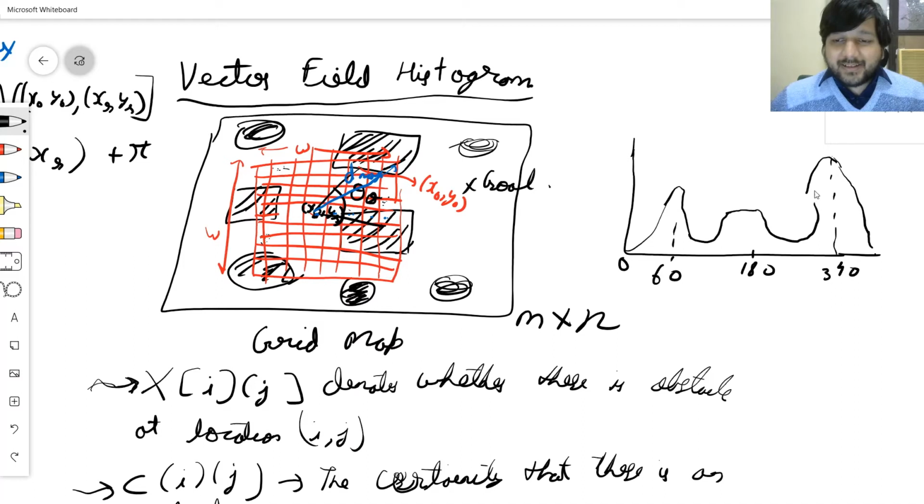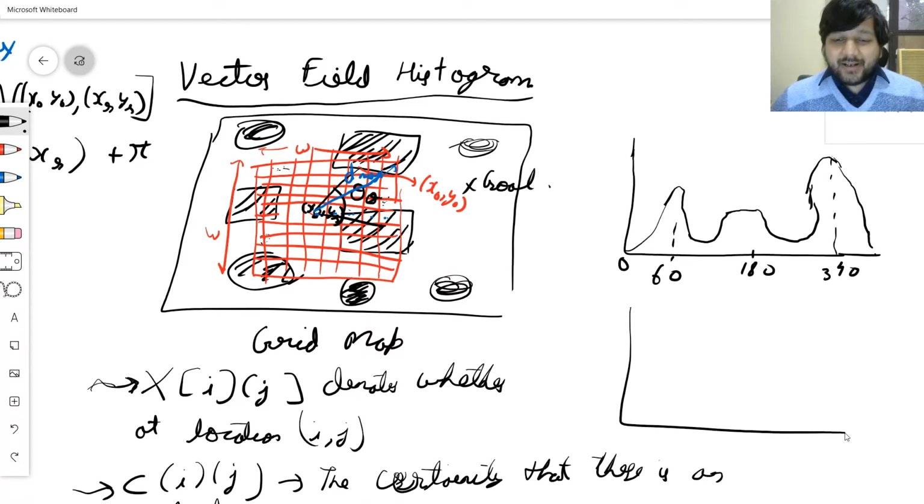So that's obstacle density. When I apply histogramming to it, the only thing that changes is the histogram is given by nothing, nothing, nothing, a bigger one over here and around 180 degree, some over here, and then there's a peak around 340 degree over here.